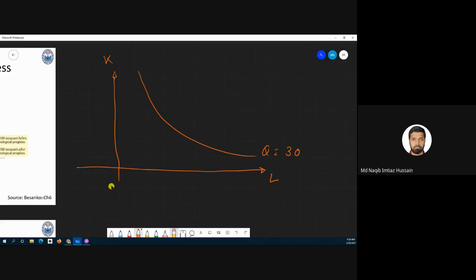Q equal to 30 and let's say we all are participating in it and we have 25 people. We have 25 capital and 25 people working and this is our operating point, point A.